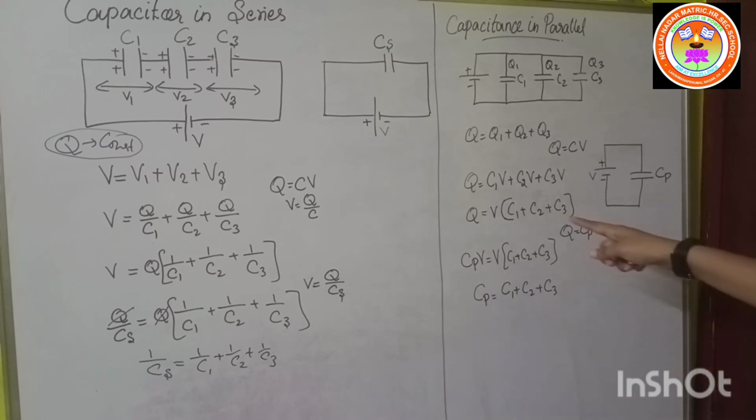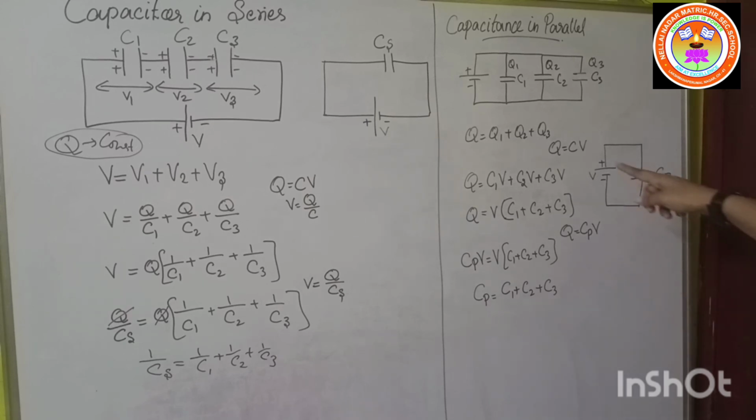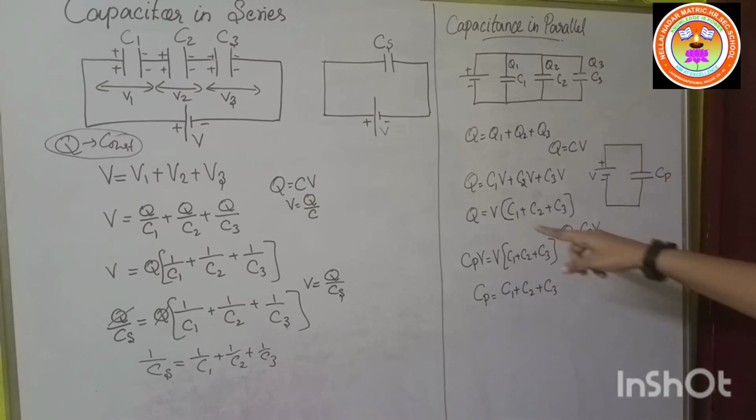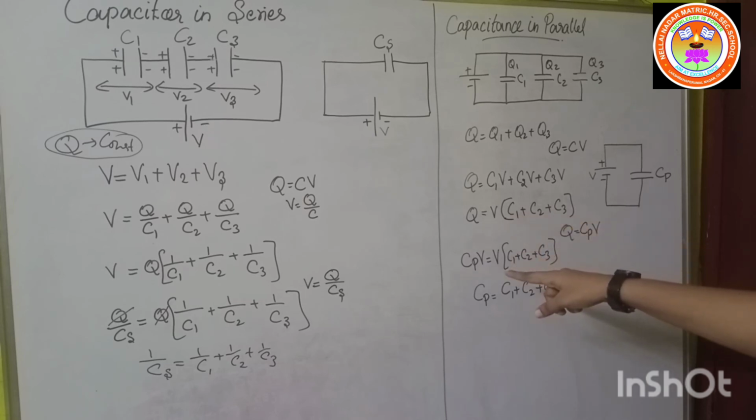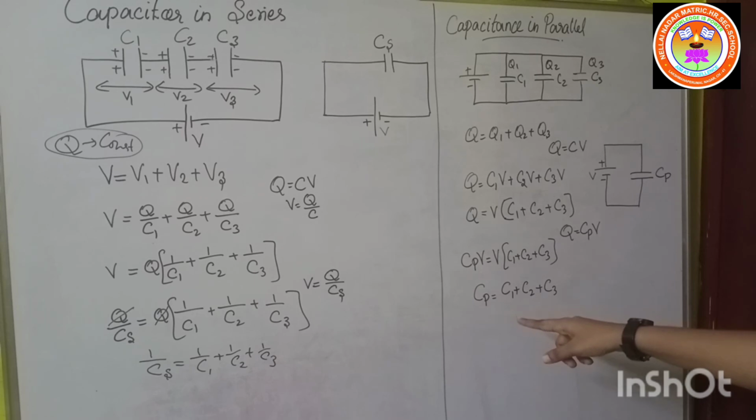Here C1, C2, C3 are the individual capacitors, and we take the equivalent capacitor as CP. So for the total capacitance, Q is equal to CPV. Now in the place of Q, substitute CPV. V cancels, so we get CP is equal to C1 plus C2 plus C3.